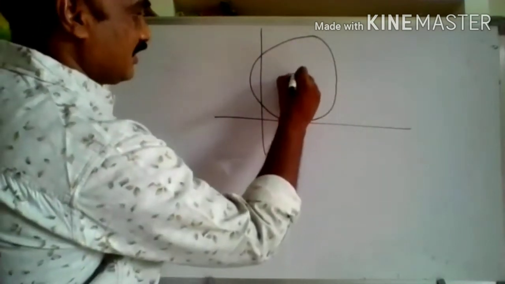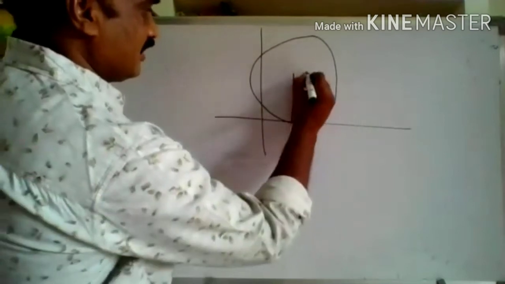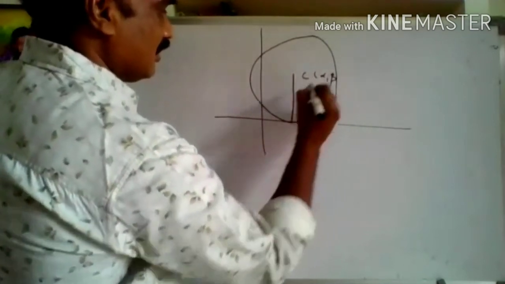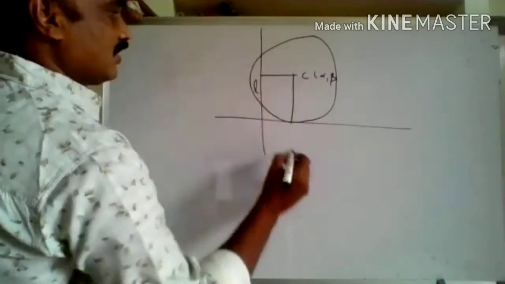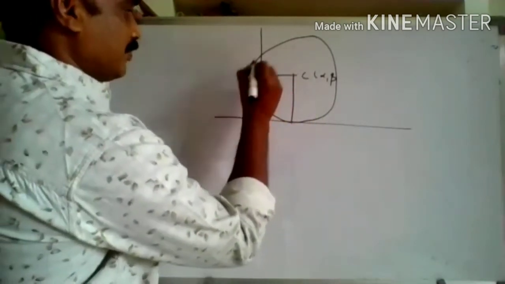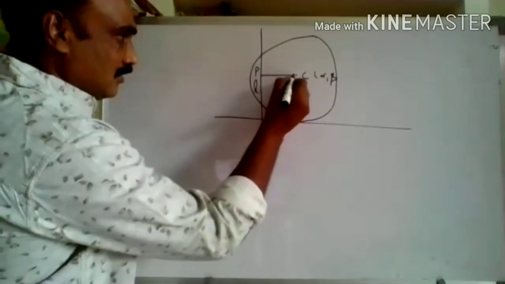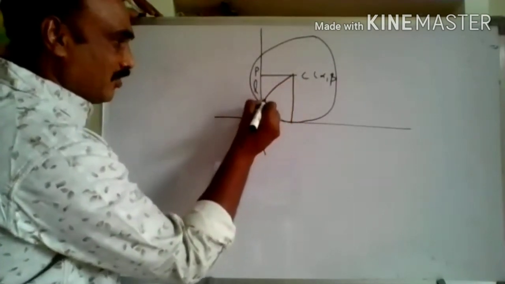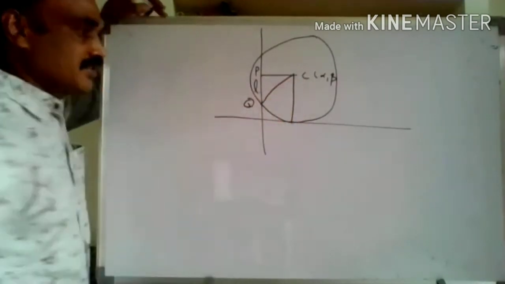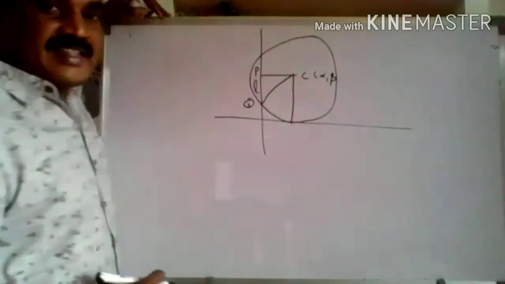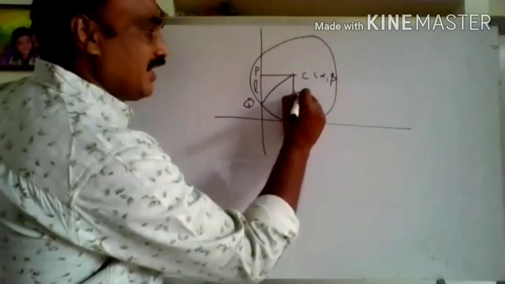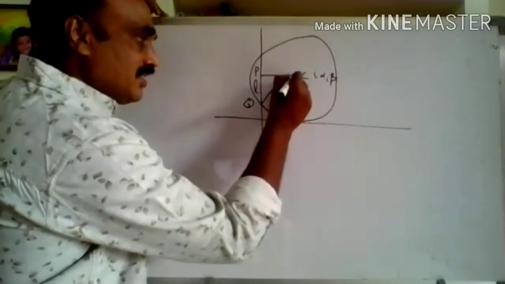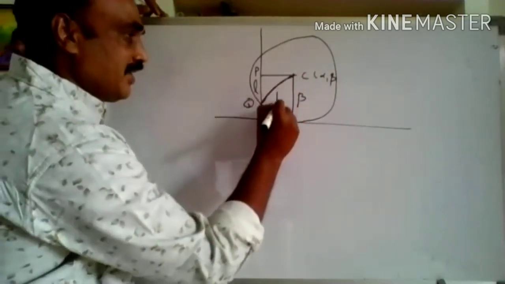I'm taking the center (alpha, beta). This is L. Suppose this point is P and this point is Q. Touches the x-axis, so the radius is equal to the y coordinate of the center. The radius is beta, so this distance is also the radius, beta.